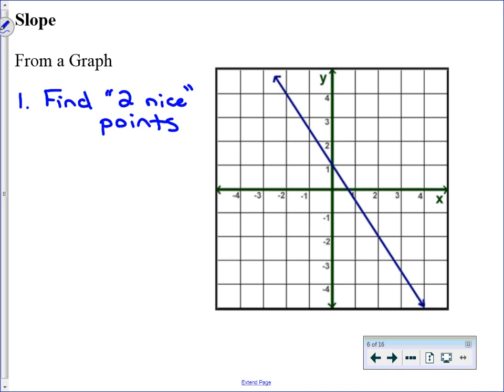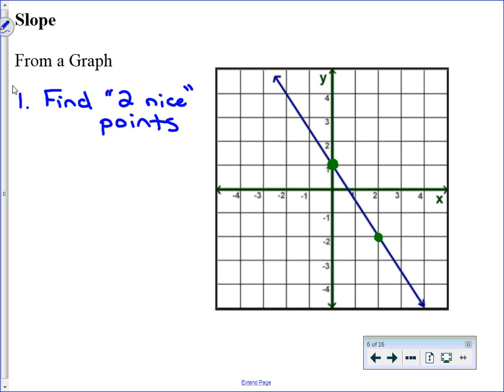And the 2 nice points that we're going to pick, we could pick a lot of points. One of them I always like to look for is a point that is actually on my intercept. So I have one nice point, and if I go to another nice point, I'm going to go down here to the point 2, negative 2.